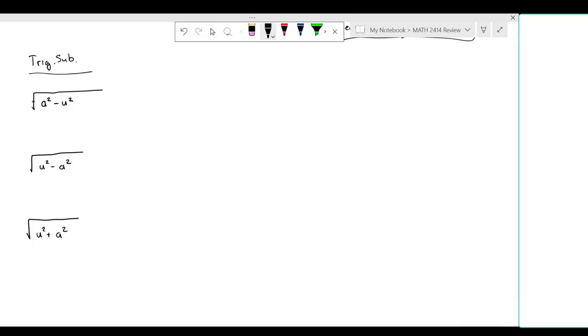And the idea is to take advantage of trig to combine those two terms into a single term so that we can take a square root. So in the first case, what should we try letting u equal?